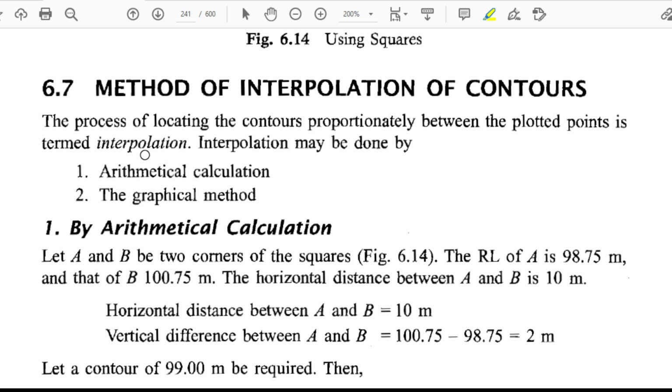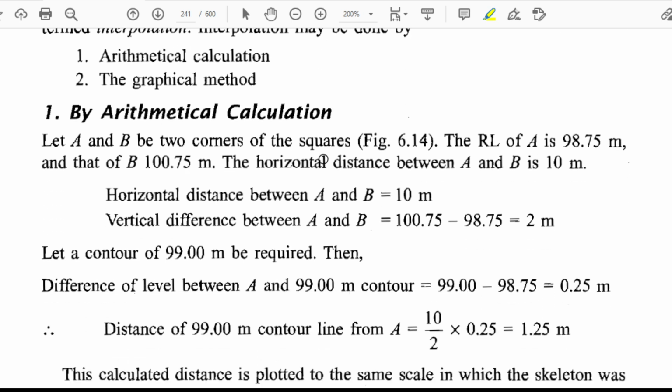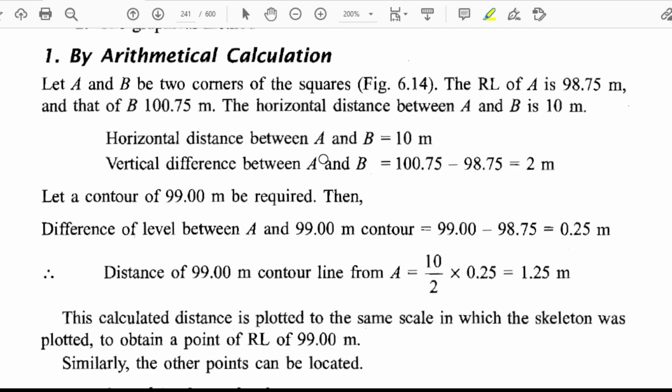What is meant by interpolation? The process of locating contours proportionately between plotted points is called interpolation. By arithmetic calculations, interpolation is very easy. Suppose that A and B are the two corners of a square.